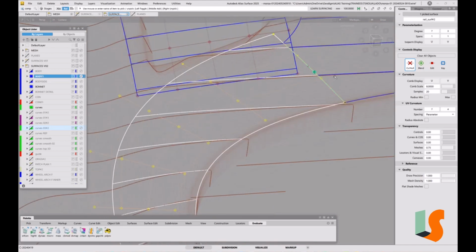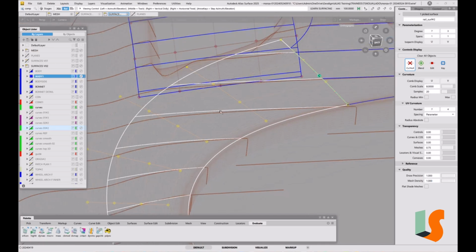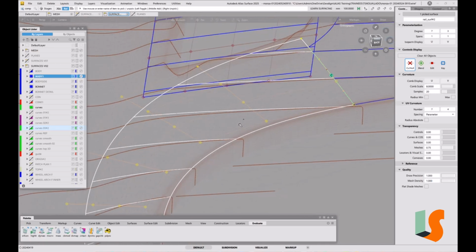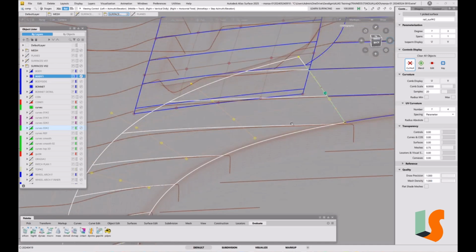And of course, when you align that with G2 on, it's going to affect this hull and this hull. So it's lifted this up, and I mean, we could increase the degree, we could split this up and just push it down, but what will happen there is that this is probably going to introduce a bend into this surface, which we don't want. I think this whole area is very smooth on the mesh, and that's what we should be aiming for.